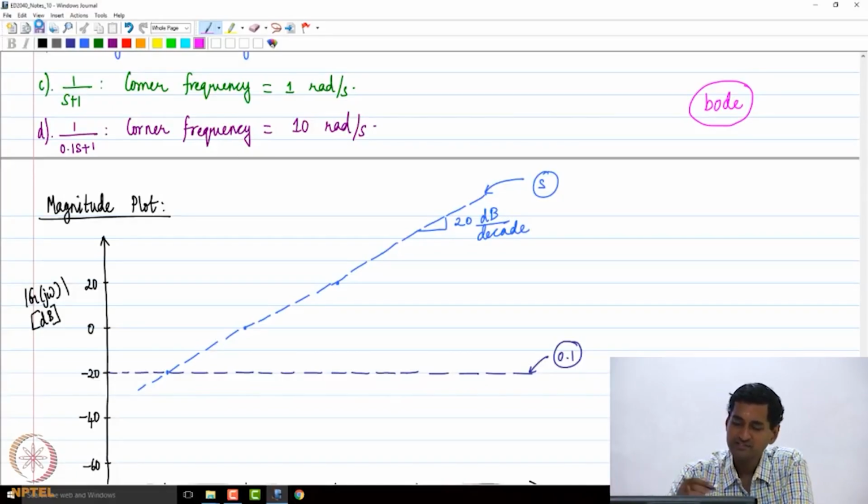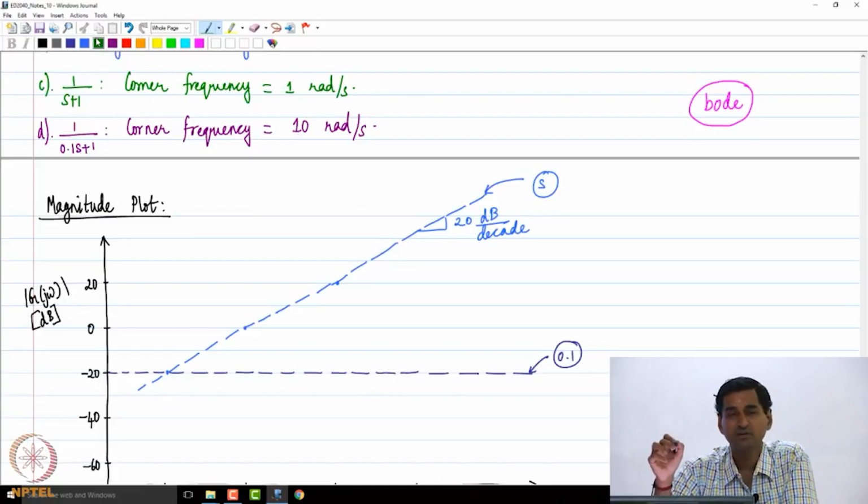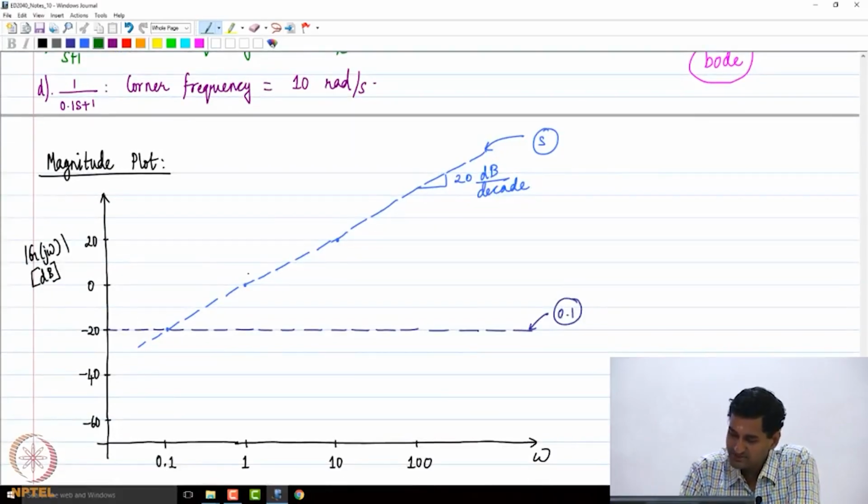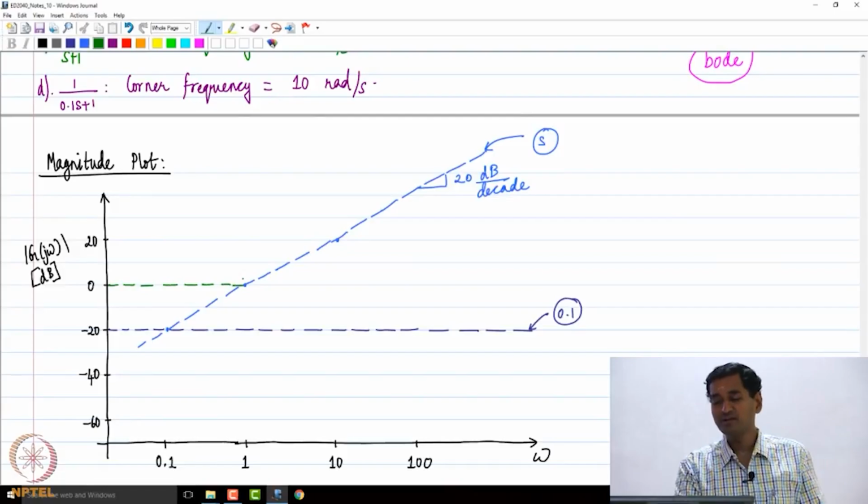So let's plot the Bode diagram for the asymptotes for 1 by S plus 1. What is the low frequency asymptote in the magnitude plot for 1 by S plus 1? 0 decibels, right? So we are going to have that till the corner frequency of 1. So 1 is my corner frequency. So I am going to have 0 decibels as my low frequency asymptote. And what's going to be my high frequency asymptote? That's going to be a straight line with a slope of minus 20 decibels per decade.